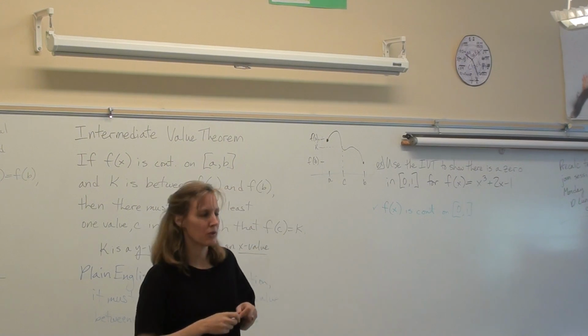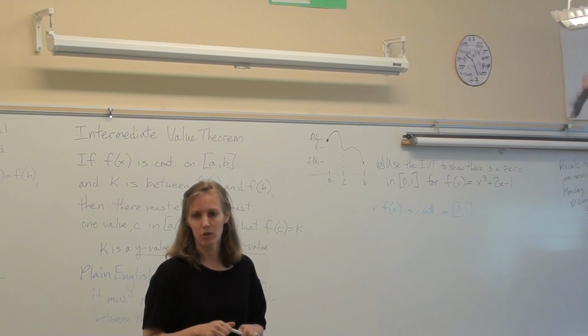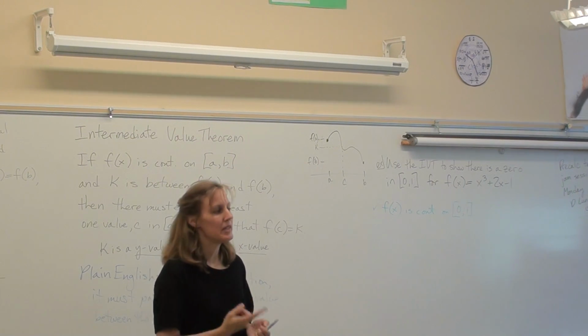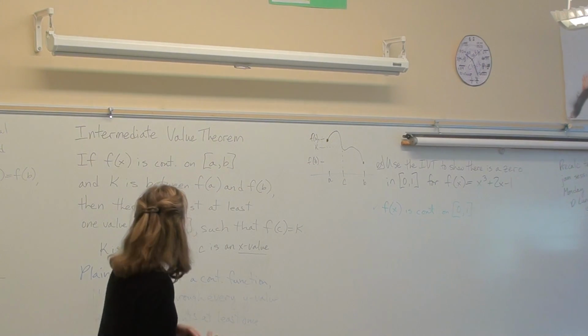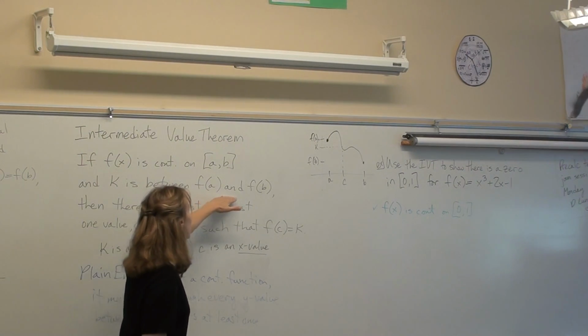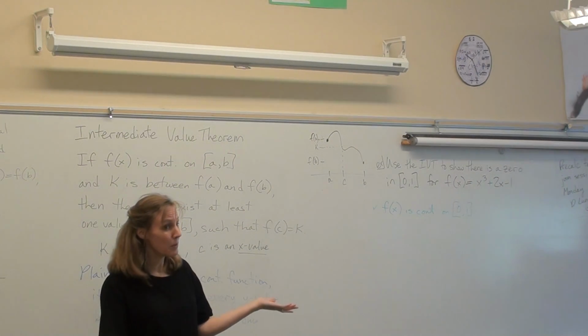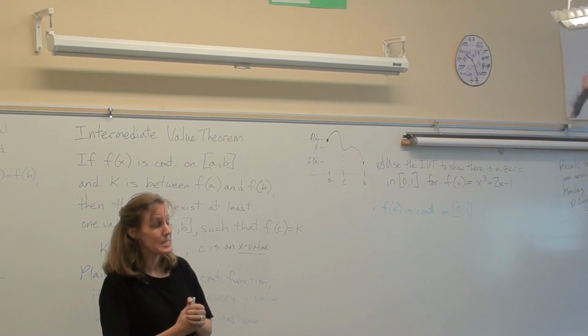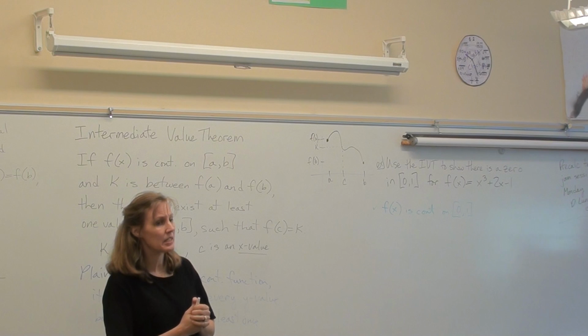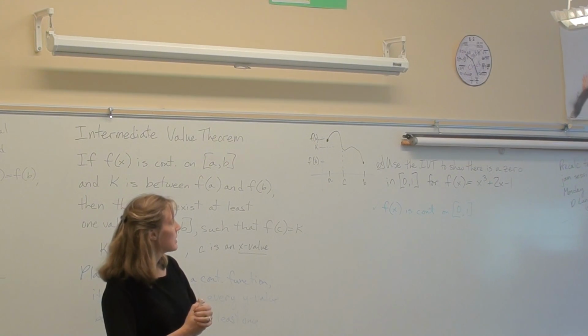Okay, so I'm going to look for the two checks, there are two requirements. So number one, f of x is continuous on that interval. Second thing I'm going to look for is the second requirement, which is k has to be between f of a and f of b. What is k for this problem? It's got to be a number. Is k 1? It's 0.5.